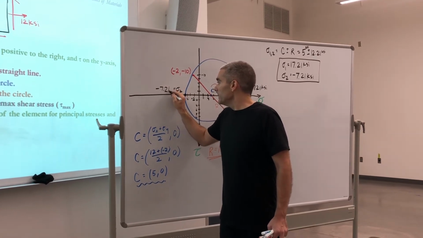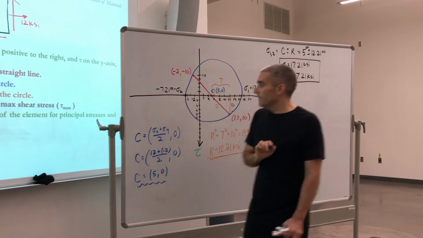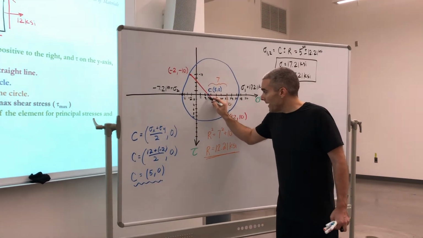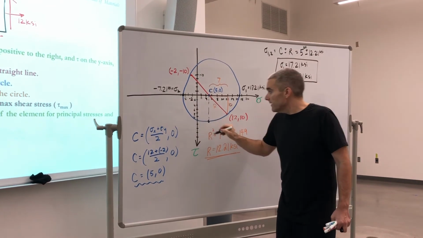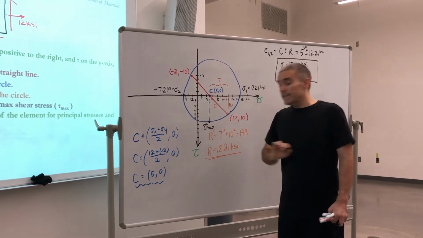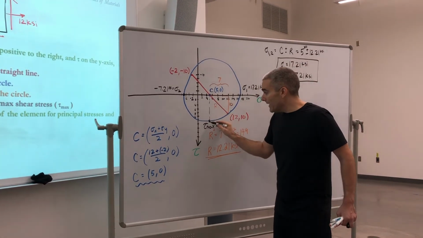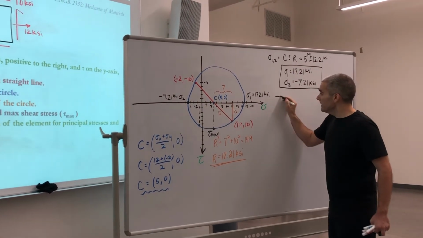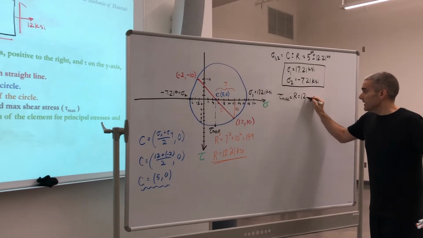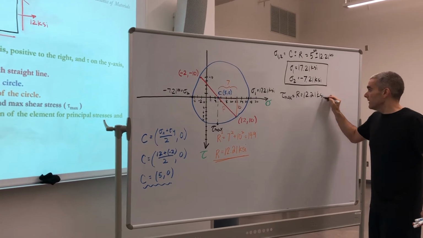Minus 7.21 KSI. We also want to find the max shear stress. The max shear stress is below our center, and it has a magnitude of whatever the radius is. Tau max equals our radius, which is equal to 12.21 KSI.